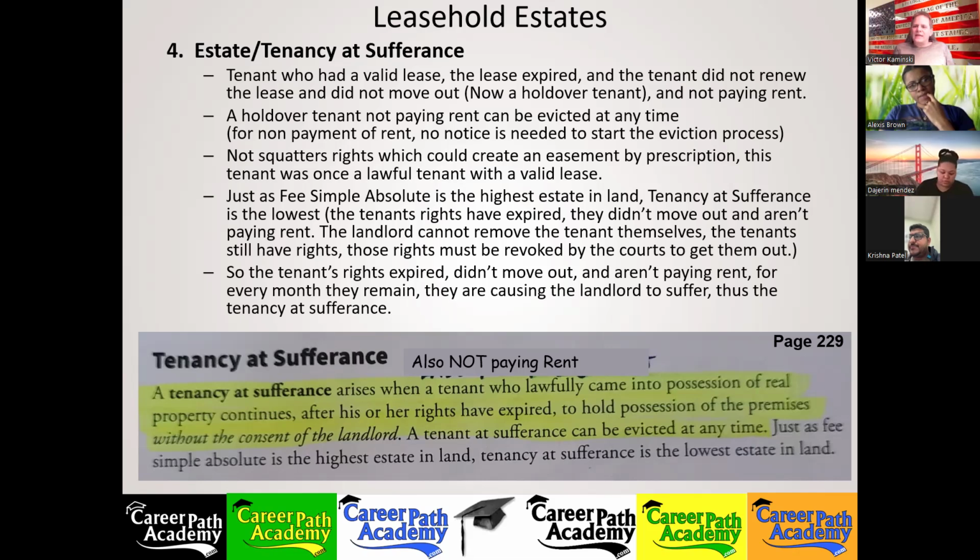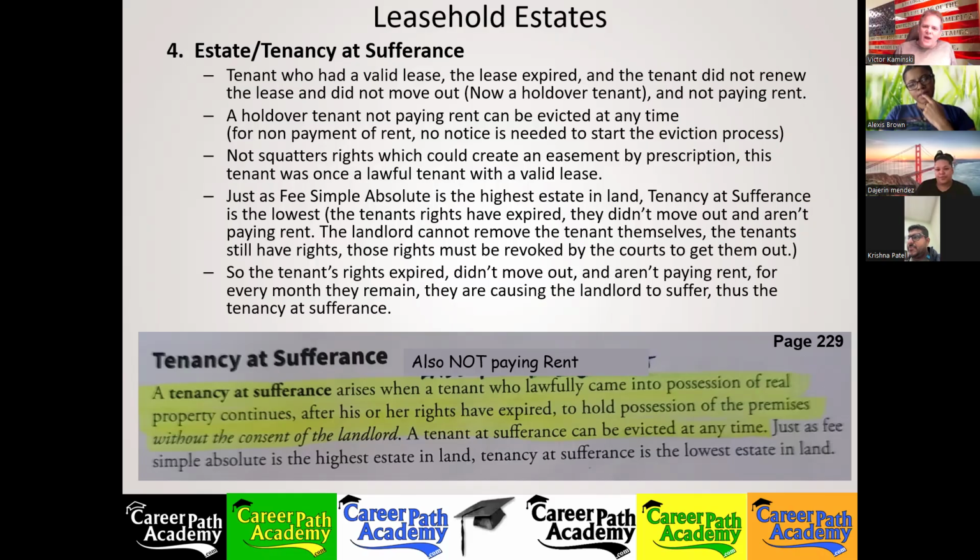But the landlord can't revoke them, only a court can. So eviction is the process where a landlord revokes a tenant's rights to occupy their premises through the court system. To put it in plain English, that's in a nutshell what's happening here.